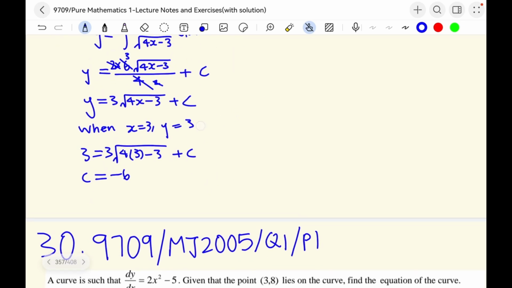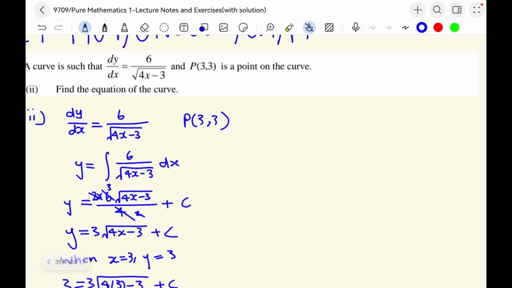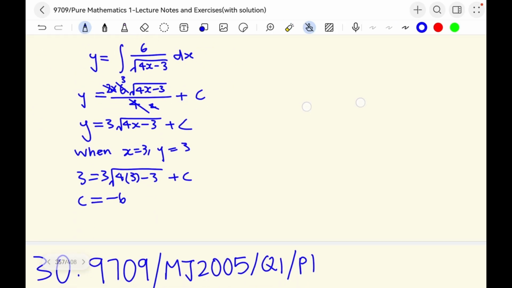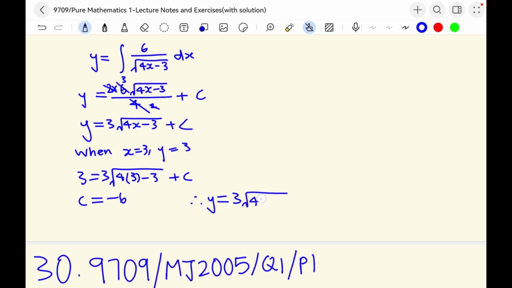It's a constant. And then the question demands you to find the equation of the curve. So you should give the final answer of the equation of the curve in the correct form. So everyone puts it as y equals to 3 times square root of 4x minus 3 minus 6.